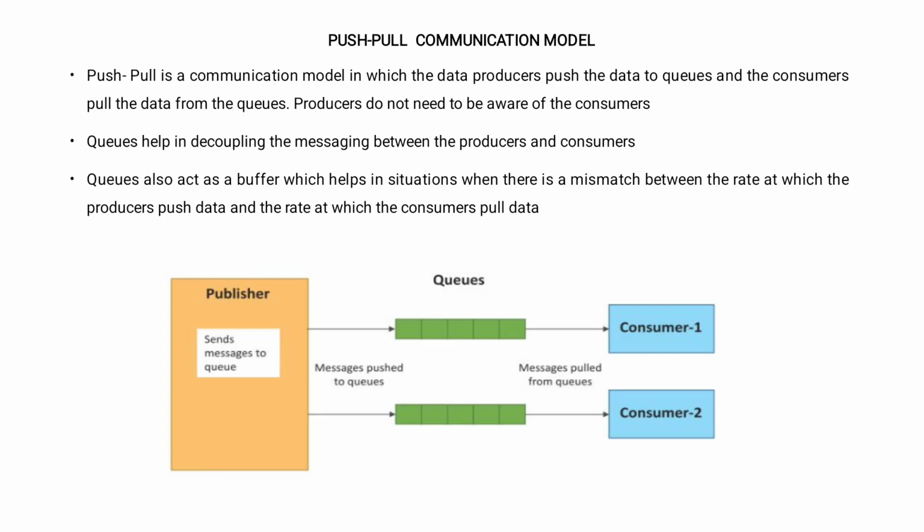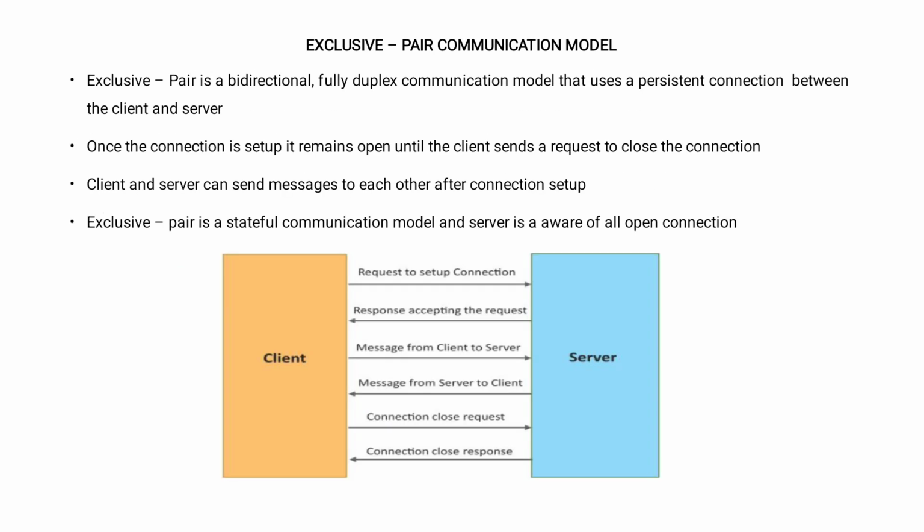Queues also act as a buffer, which helps in situations when there is a mismatch between the rate at which the publisher pushes the data and the rate at which the consumer pulls the data. This diagram shows the push-pull communication model.